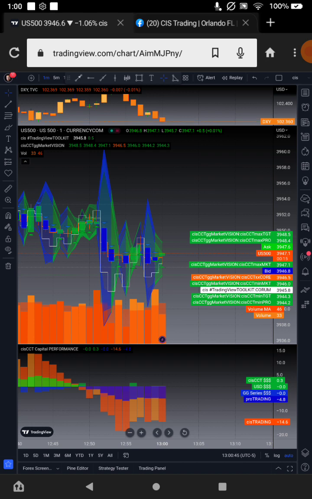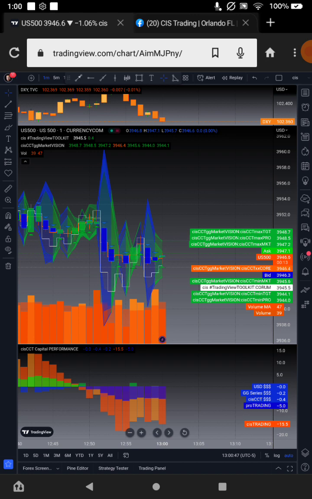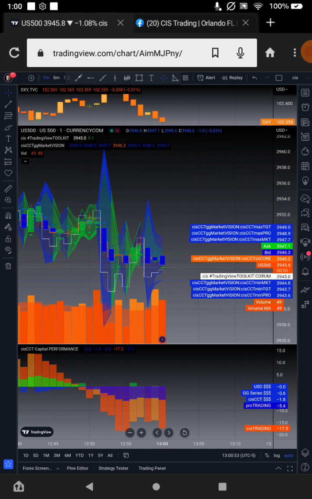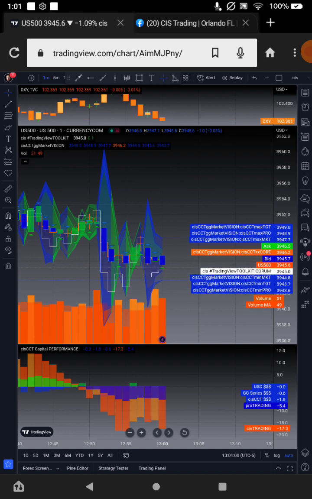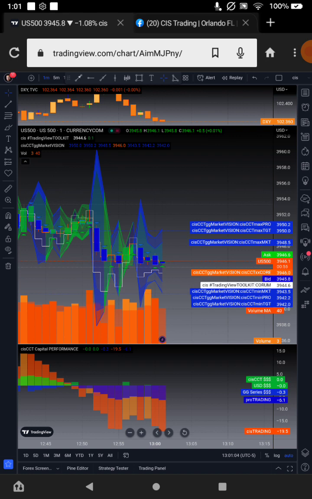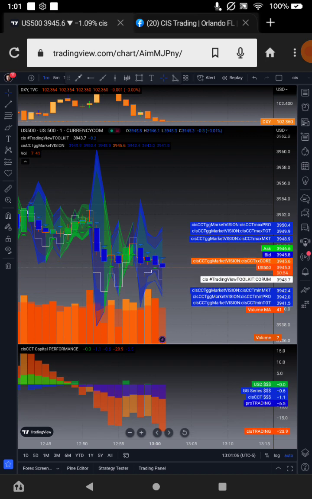When you compare that to the market vision, you see how as it gets up and ties up in these levels, as it goes up and strikes this level, it's a very low range market. So when it goes up and hits those levels on this 1 minute, it starts to reverse again. So you have a blue candle. See how that algorithm for TradingView Toolkit just showed a 3-bar reversal short as that price ticked down just a little bit.